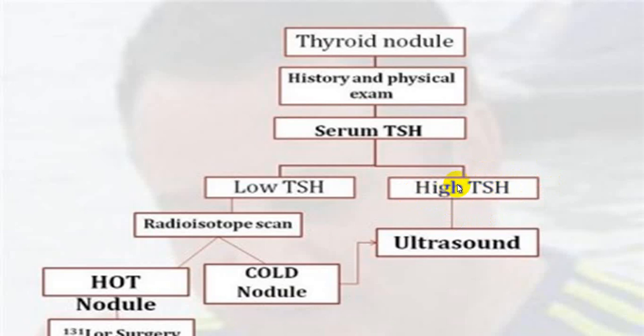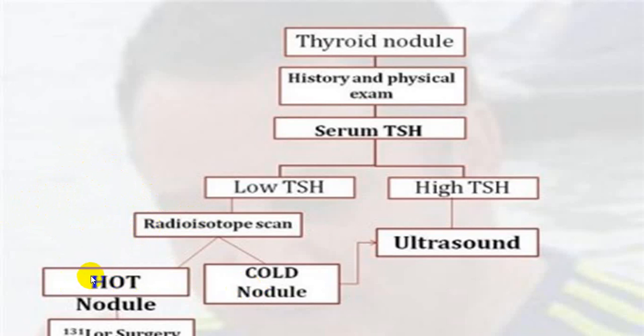If it is clinically hypothyroid and TSH is also high, go for ultrasound to find out whether there is any other abnormality in the thyroid nodule or goiter. And if it is hyper, do a radioisotope study, which is contraindicated only during pregnancy and in newborn children.